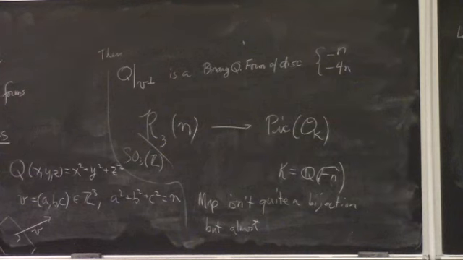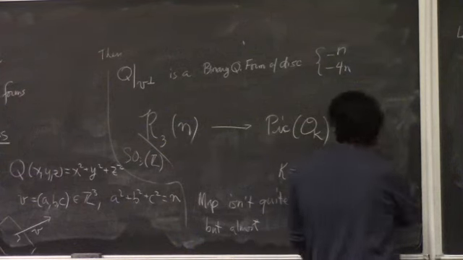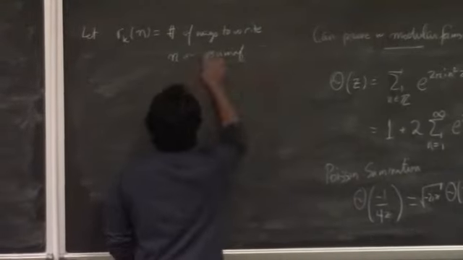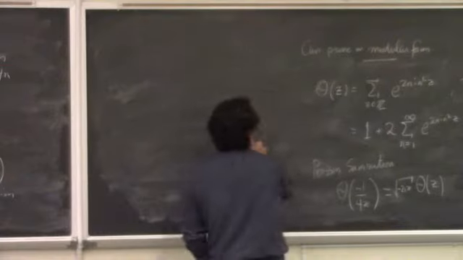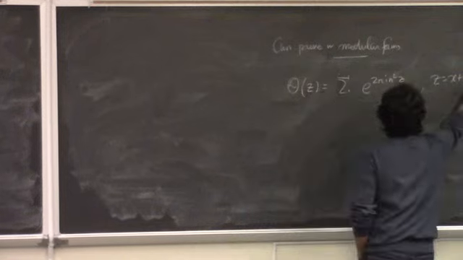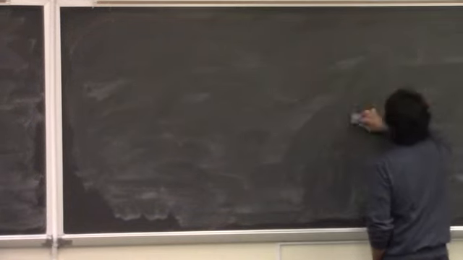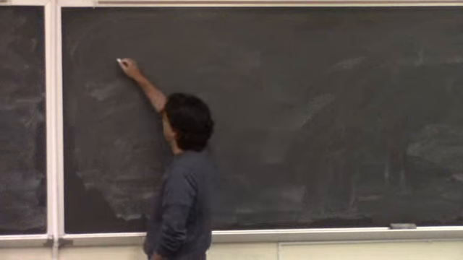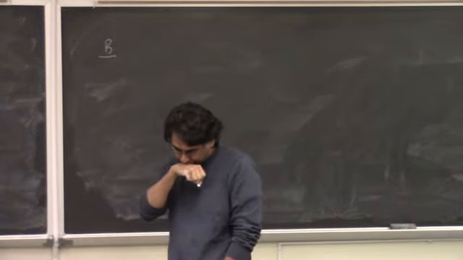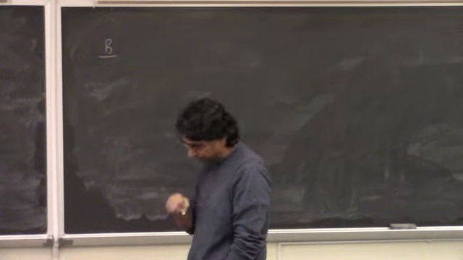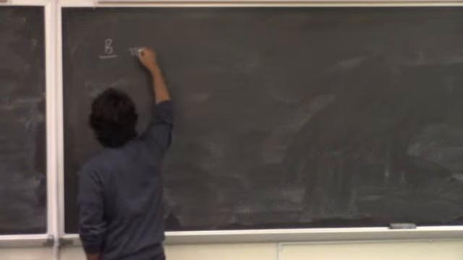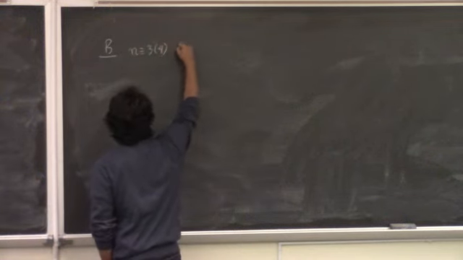A second explanation, also implicitly in Gauss. For definiteness, let me say n is congruent to 3 mod 4 and square free.